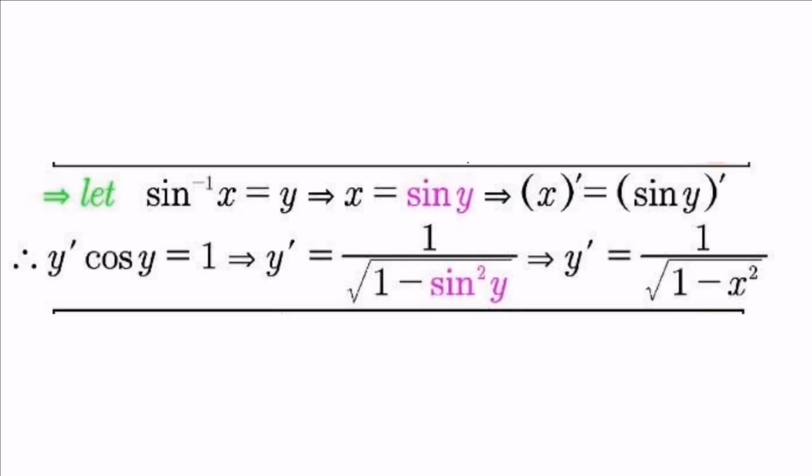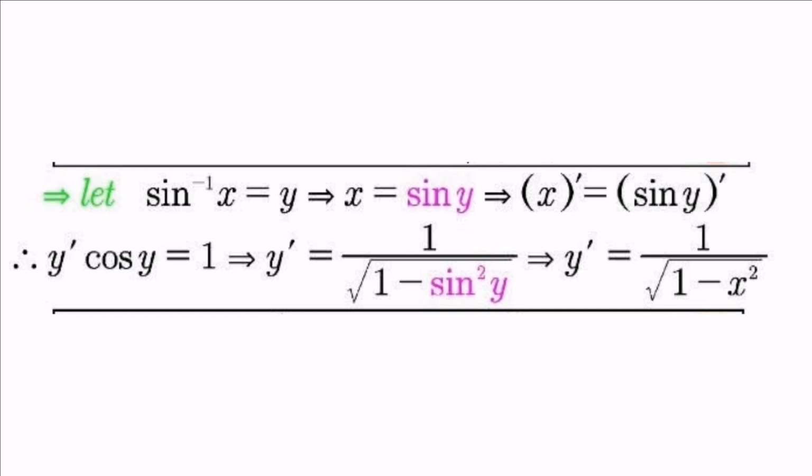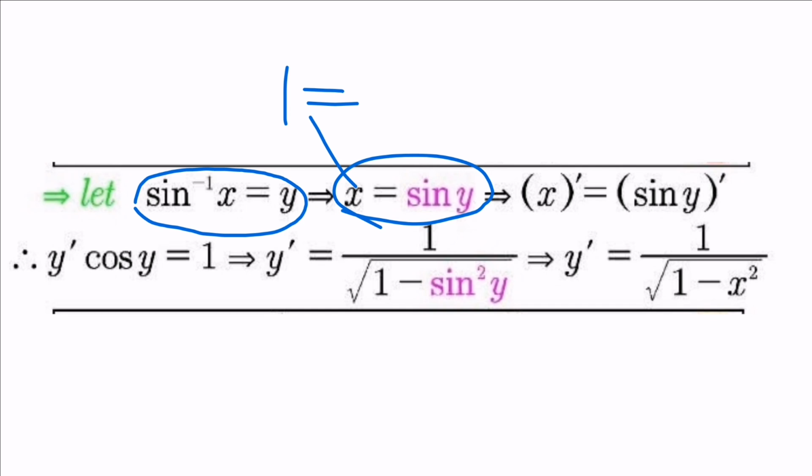So first we have to discuss derivative of sine inverse x. Let sine inverse x is equal to y, which implies that x is equal to sine y. Now by taking derivative, derivative of x is equal to 1, but derivative of sine is equal to cos y, and again derivative of y, so means y dash.